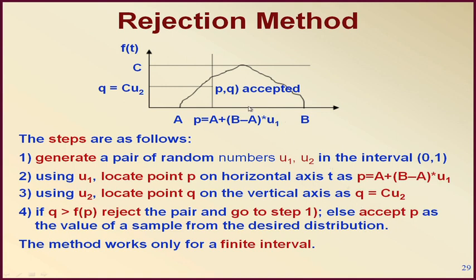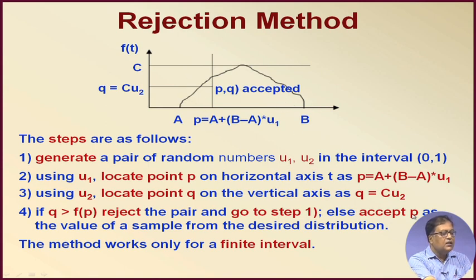See what is really happening: you are generating 2 points, P and Q, and then you are seeing whether that point is within the function. Suppose the Q is here, then we get this point here, which is outside the function. This is the function between a and b. If we hatch this portion, this is where the function is. If the point is beyond this f(t), then reject the point, otherwise accept the point.